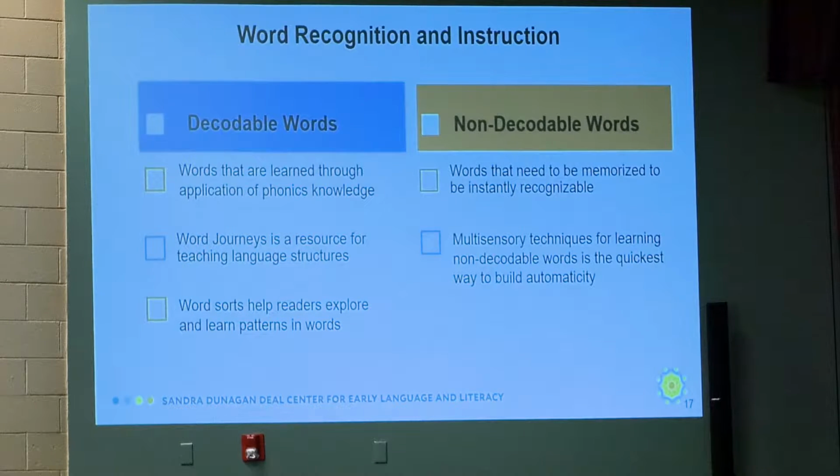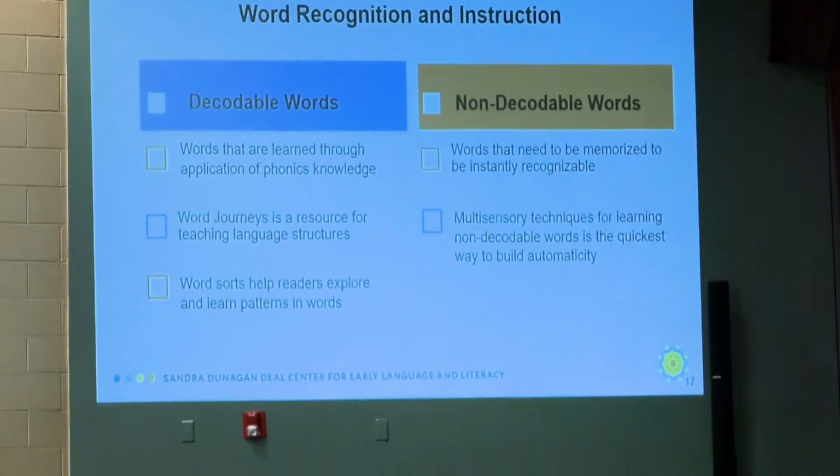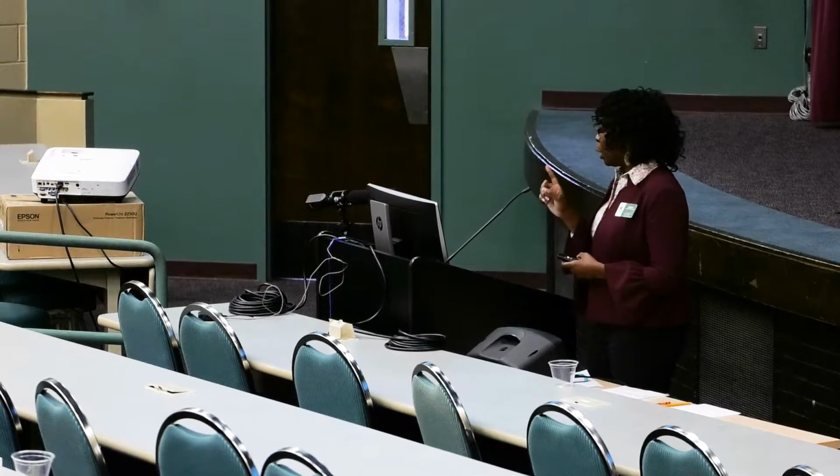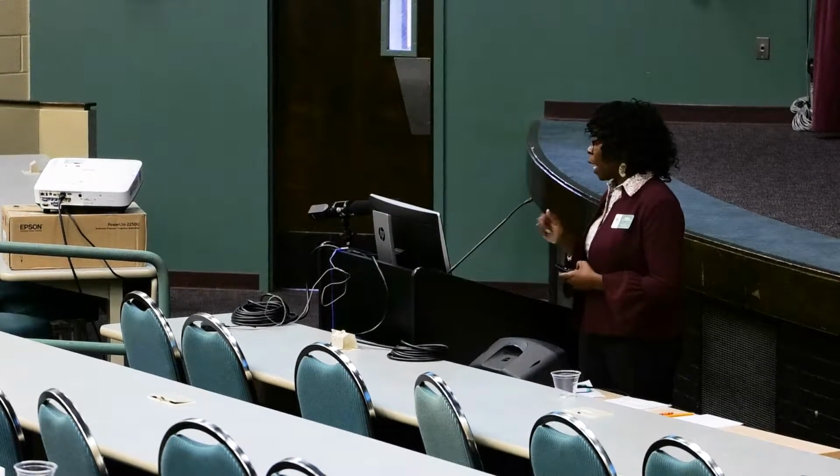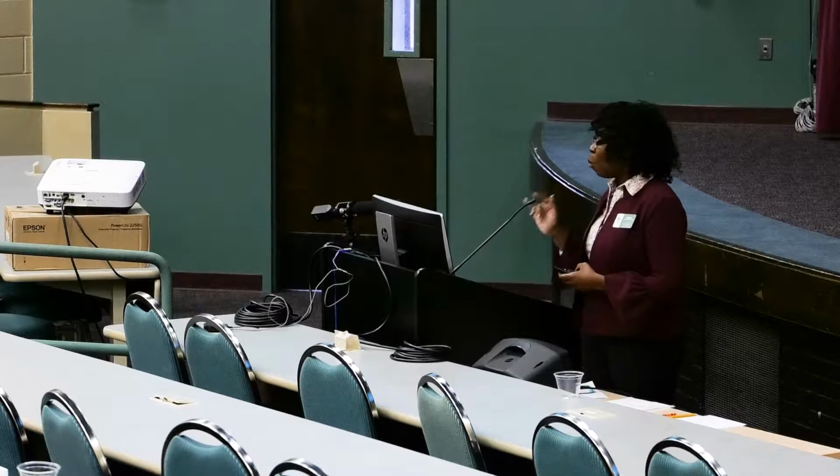If we choose the right strategy, they'll learn the word faster and be able to use it in their reading. So words that can be learned through application of phonics are those decodable words, and Word Journeys provides us with a resource for teaching language structures in this manner, okay?